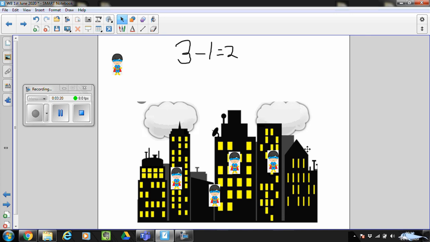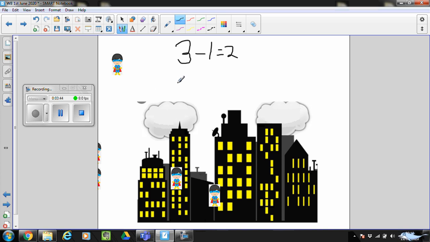Out of the 4, 2 of them were needed to go on another mission. So what do we need to do? We now need to take 2 away. So 2 of the superheroes are going to fly away off the buildings. How many have you got left? We have got 2 left.